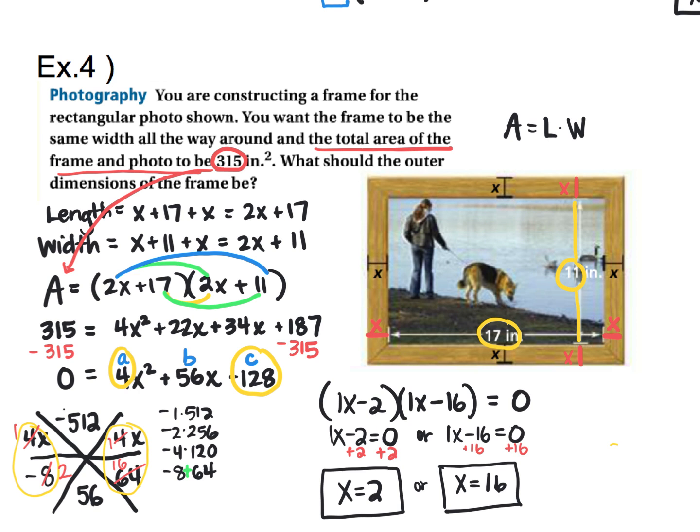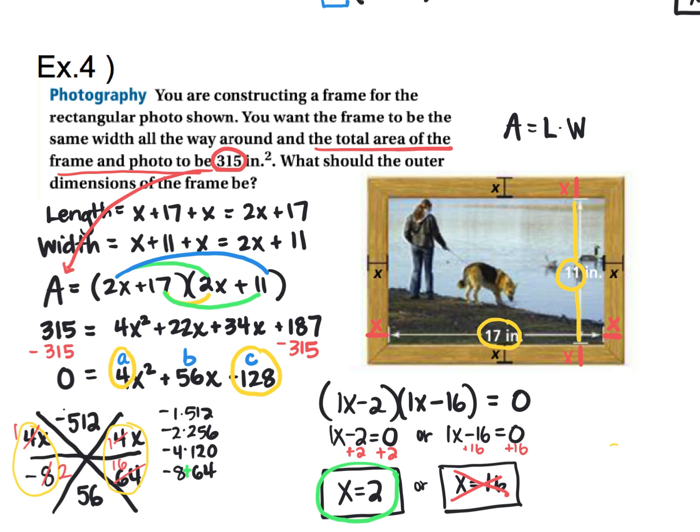It doesn't really make sense to use 16 as an answer. It's way too big for this picture frame. And so you always have to go with the answer that makes sense. The answer that makes sense is x equals 2. Remember, it's one or the other, so the 16 is not our answer.